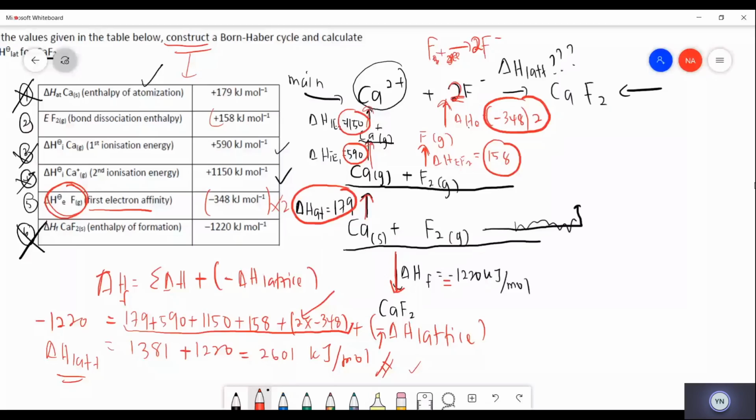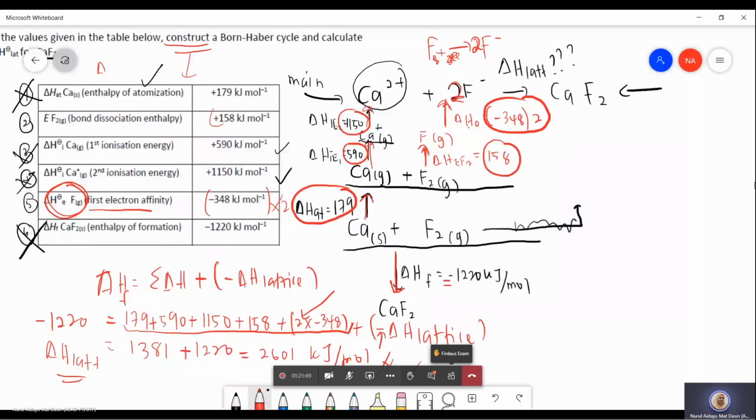You try to refresh what is meant by the enthalpy of atomization. Enthalpy of atomization means the energy that you require to remove 1 mole of electron from 1 mole of gaseous atom.